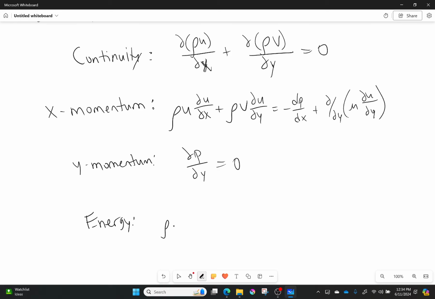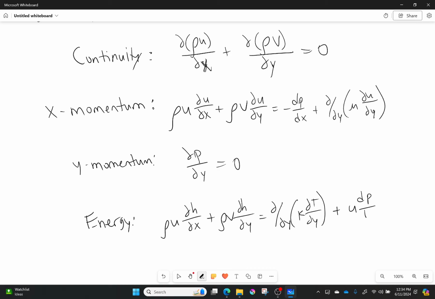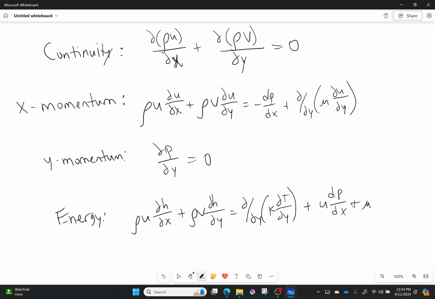That's going to be rho u dh dx plus rho v dh dy, the change of enthalpy in the y direction, is equal to the gradient in the y direction of k dT dy, plus any sort of pressure contributions, and then finally viscosity times du dy squared.